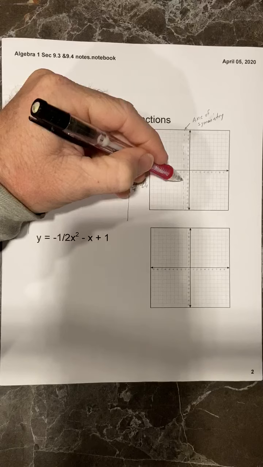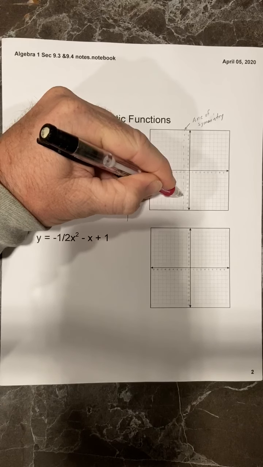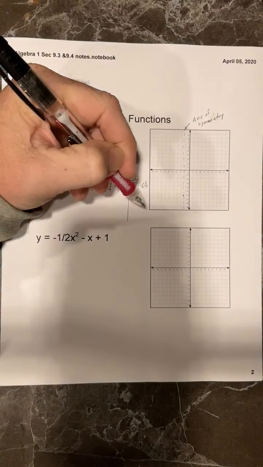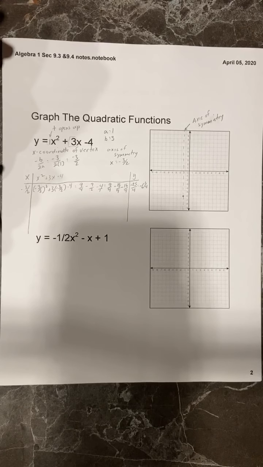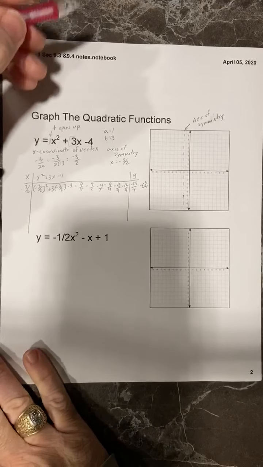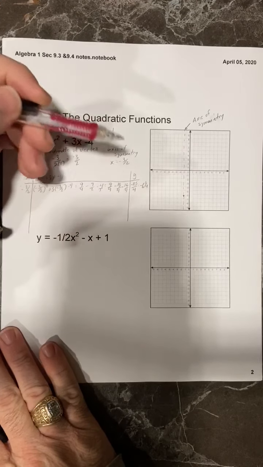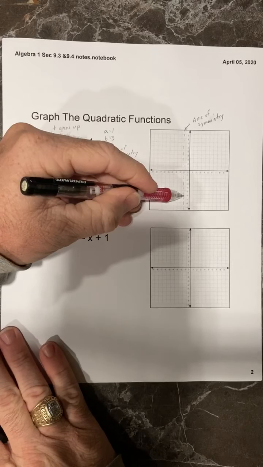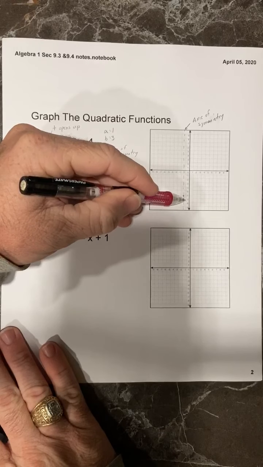So on this axis of symmetry, at negative 6 1/4, so just a little bit below the line for negative 6, right there is our vertex. That should be the lowest point on this graph since it opens up. Now, we're going to plot some points to the right of that. And we could use the negative 1 there.